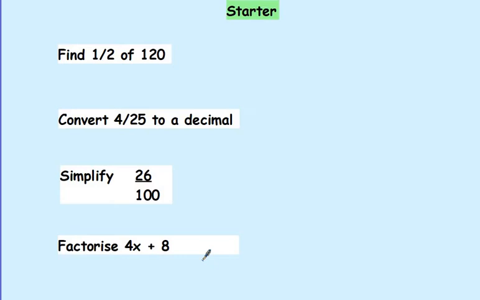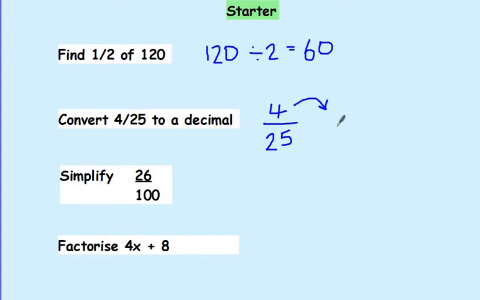Okay, to find a half of 120 we need to do 120 divided by 2, which gives me what, Dejan? 60, lovely. The second question I asked you, 4 over 25, what's that as a decimal? Now to convert a fraction to a decimal, we said we needed to make the denominator a power of 10.